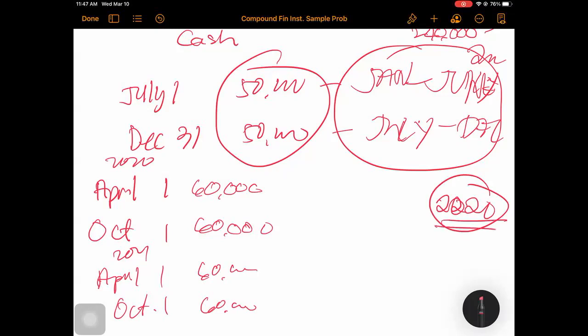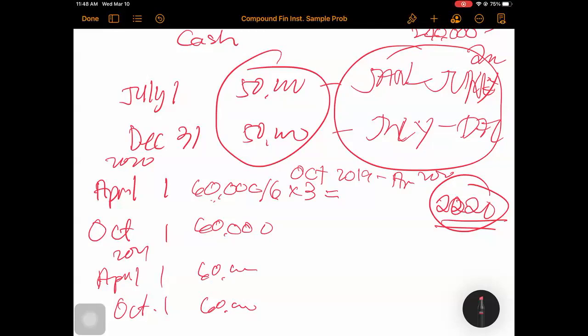Okay, so this is what you do for 2020. Your April 1, 2020 payment covers October 2019 to April 1, 2020, 6 months. So your share of this 60,000 for 2020 is January, February, March, only 3 months. So divide by 6 months, times 3 months. Let's say that is 30,000, the answer is the same anyway, but this is for illustration purposes.